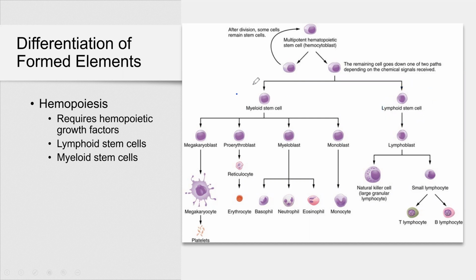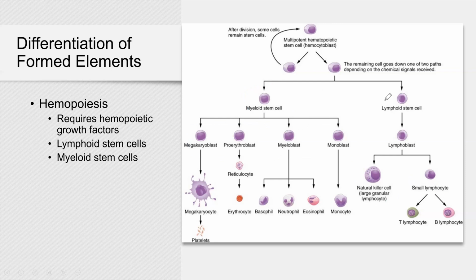The myeloid stem cell is going to differentiate into every cell of your blood with the exception of lymphocytes. So here are lymphocytes, I will take it back, and natural killer cells. So only two cells are not descendants of the myeloid lineage, right?